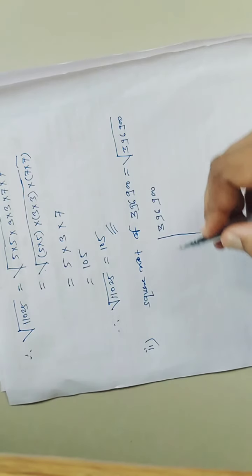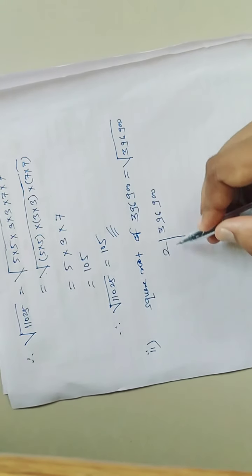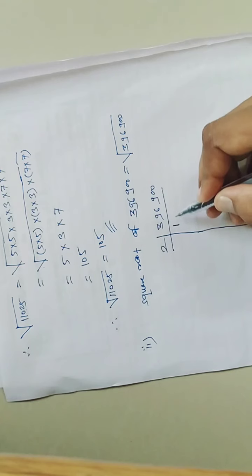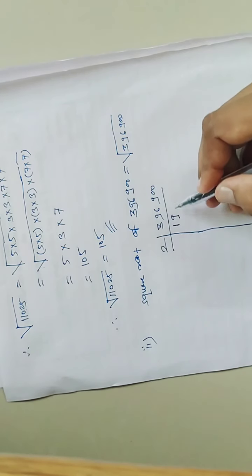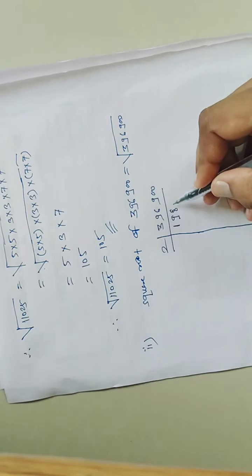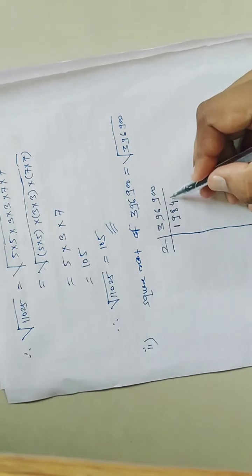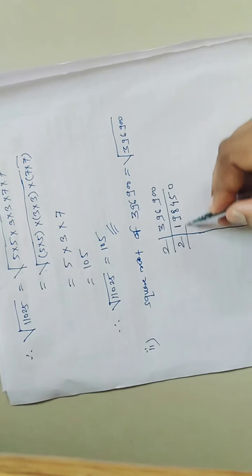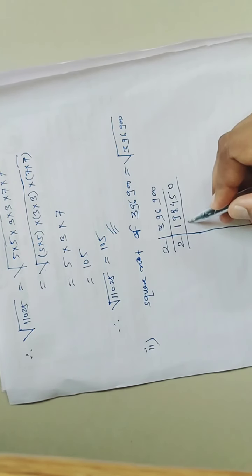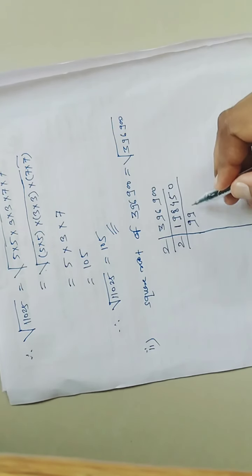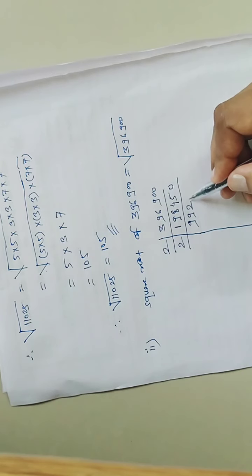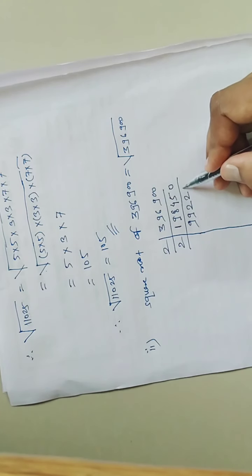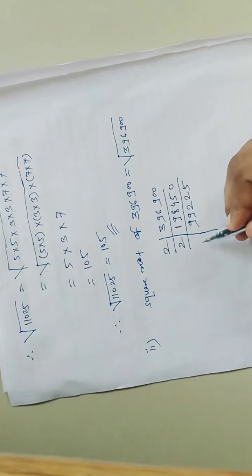3,96,900. So first it is divisible by 2. 2 ones are 2, 2 nines are 18, 2 eights are 16, 2 fours are 8, then 2 fives are 10, 0. Again it is divisible by 2. 2 nines are 18, 2 nines are 18, 2 twos are 4, 2 twos are 4, 2 fives are 10.